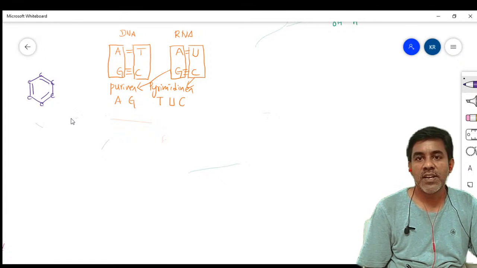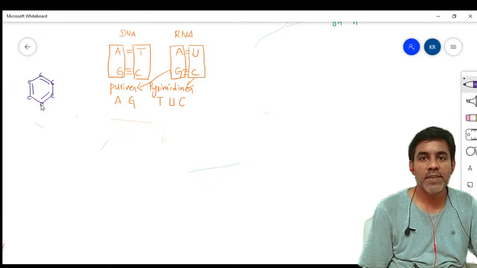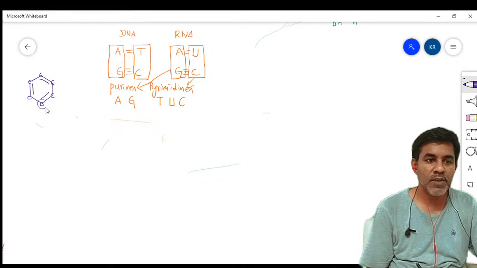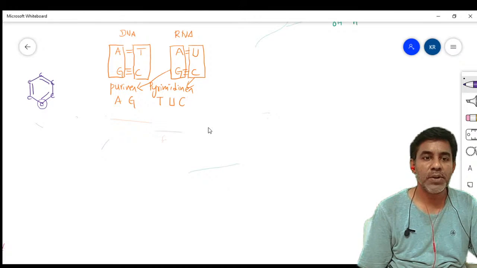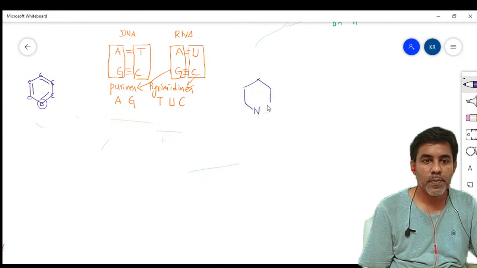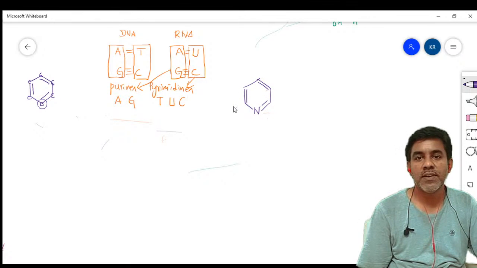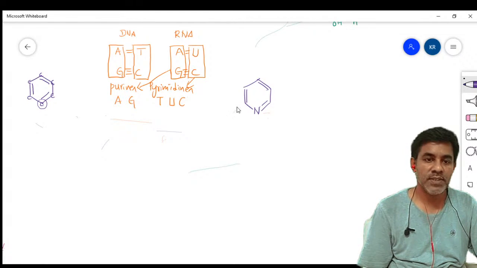In this structure, if you replace one carbon with nitrogen, as you know nitrogen is able to form 3 bonds and carbon is able to form 4 bonds depending on their valence. So this molecule is known as pyridine.